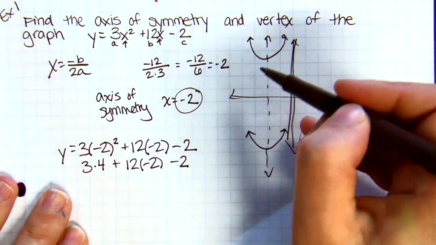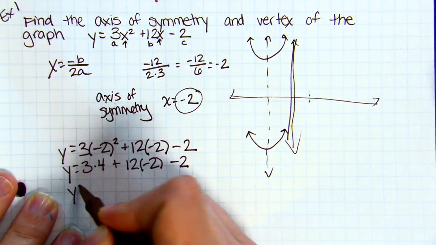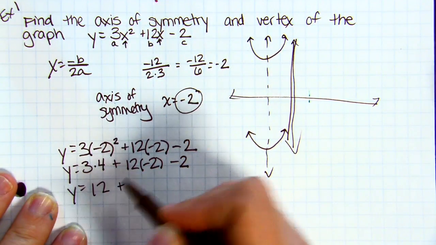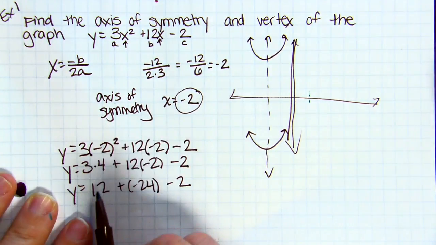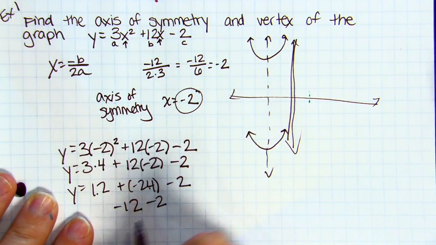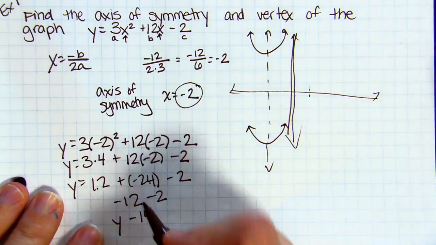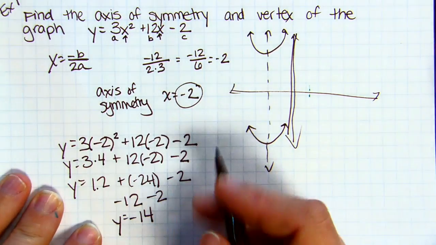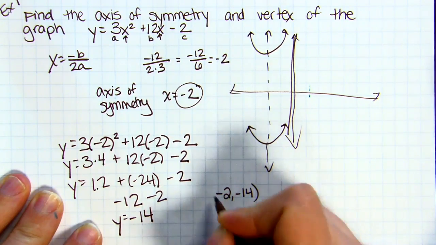So remember, I know my x-coordinate of the vertex. This is how I find the y-coordinate. So that's 12 plus negative 24 minus 2. 12 and negative 24 make negative 12, minus 2. So my y value is going to be negative 14. So my vertex is going to be at negative 2, negative 14.